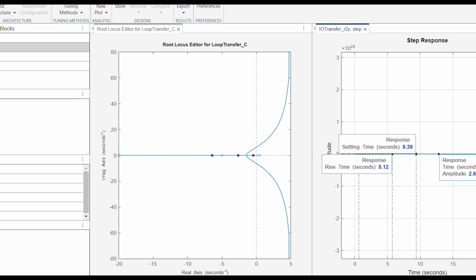The critically damped value is 1.148. There is no value for undamped because it does not go through the imaginary axis. And lastly, the value for underdamped is between 0 and 1.148.